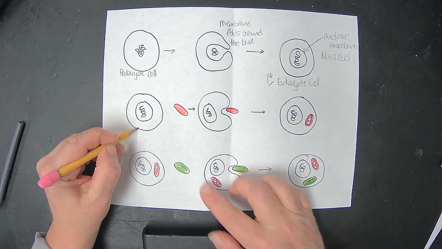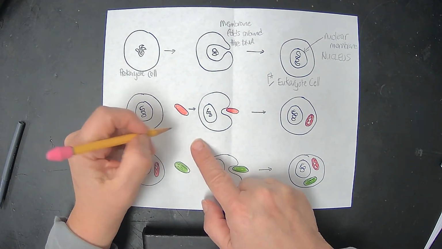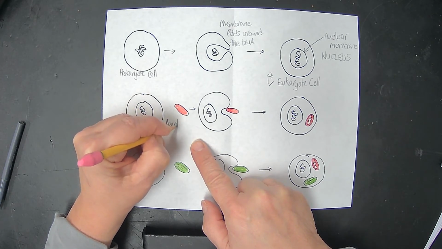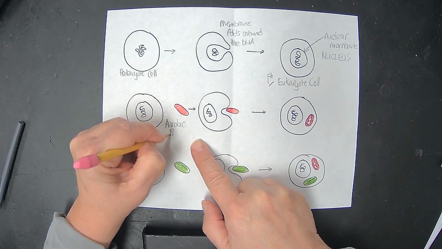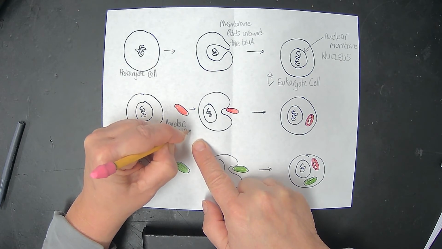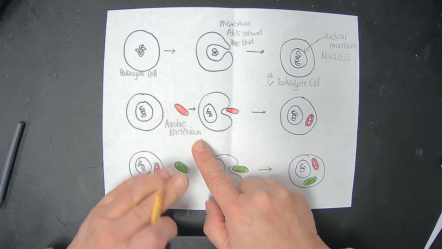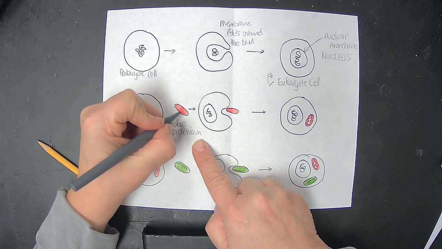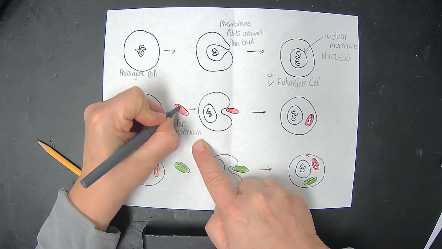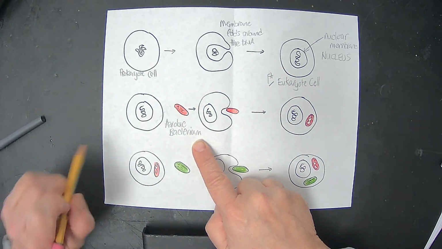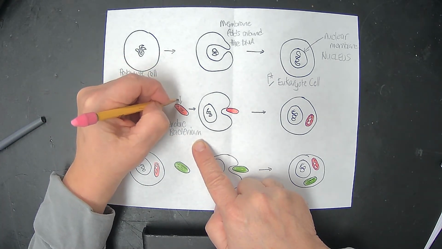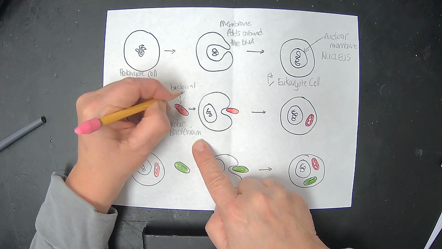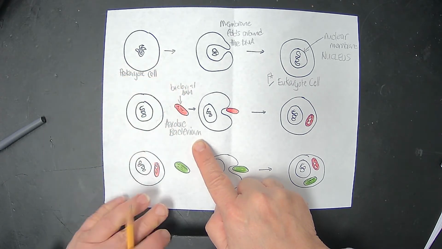So here's my eukaryote cell again, okay? And what I have here, colored in red, is an aerobic bacterium. Okay, all right, so if it is a bacterium, that is a bacteria cell. So this is a prokaryote. And what this bacterium has, because it's a living organism in its own right, it has bacterial DNA, okay?